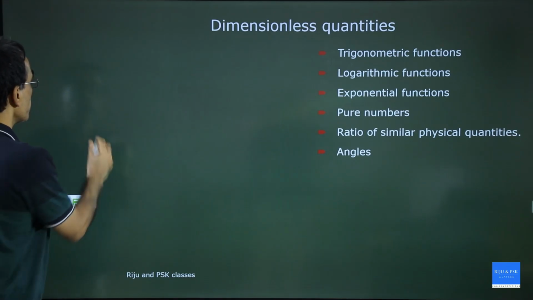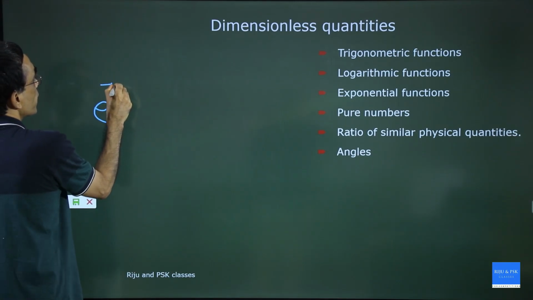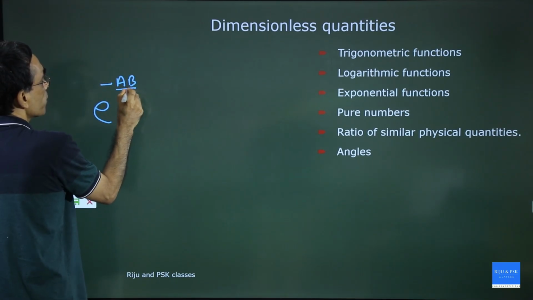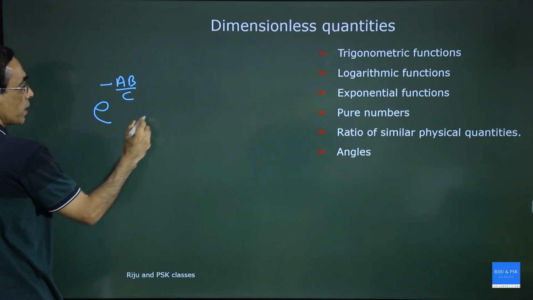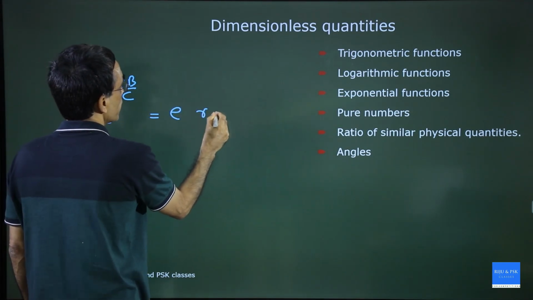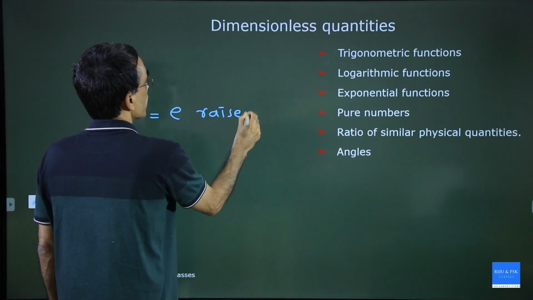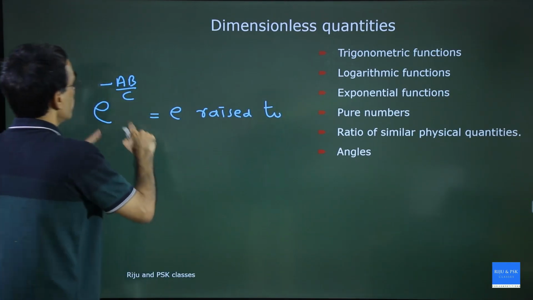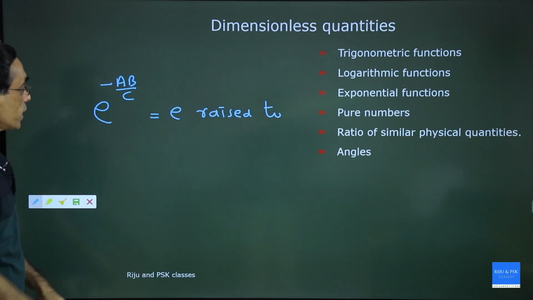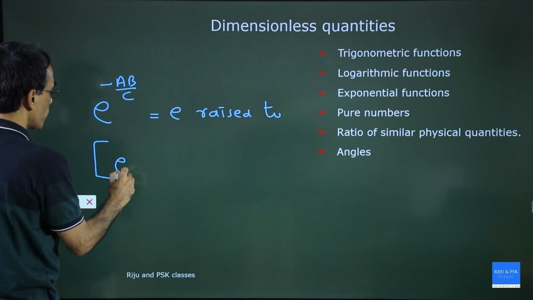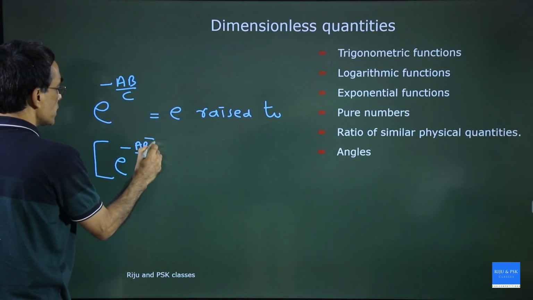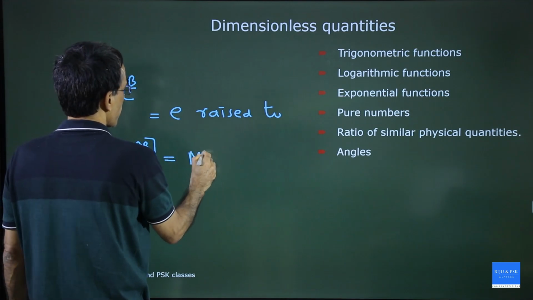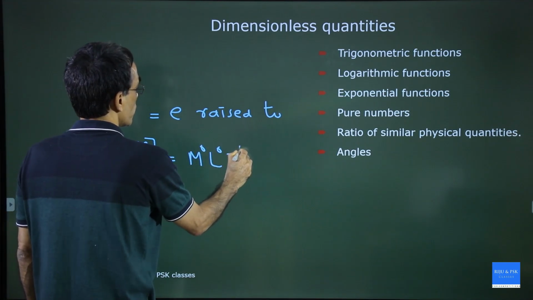Okay, I'll explain. Suppose I give you a term e raised to minus ab by c. How do we read this one? e raised to minus ab by c. Then you should know that if I write a whole bracket for e raised to minus ab by c, then this is M0 L0 T0.